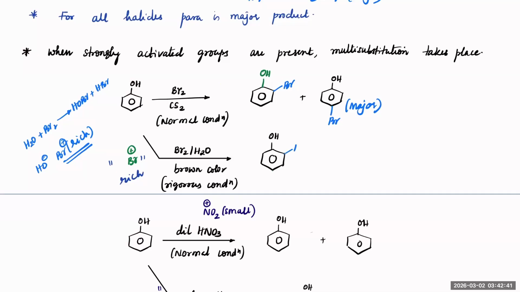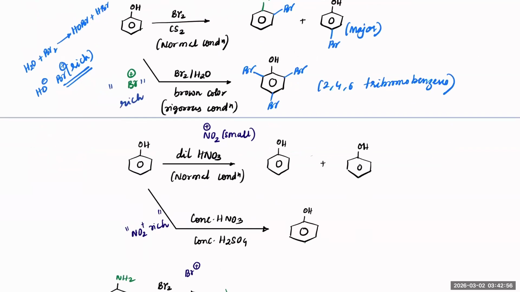So therefore, bromine, bromine, and bromine will come at these positions. So you'll get 2,4,6 tribromo. Sorry, phenol, not benzene. 2,4,6 tribromophenol.